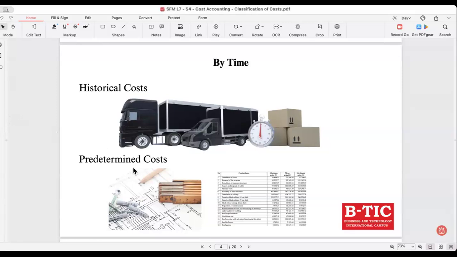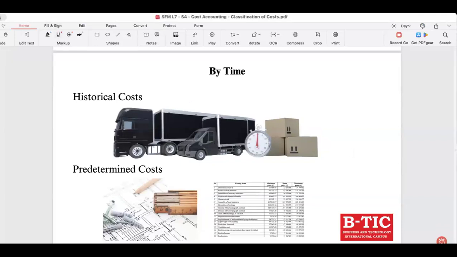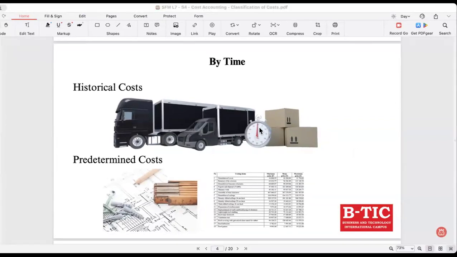And then you have predetermined cost. What is predetermined cost? These are the costs that are calculated before they are incurred. Historical costs are ascertained after they have been incurred. Predetermined costs are calculated before they are incurred. These costs are also called estimated costs because you don't know the actual amount.